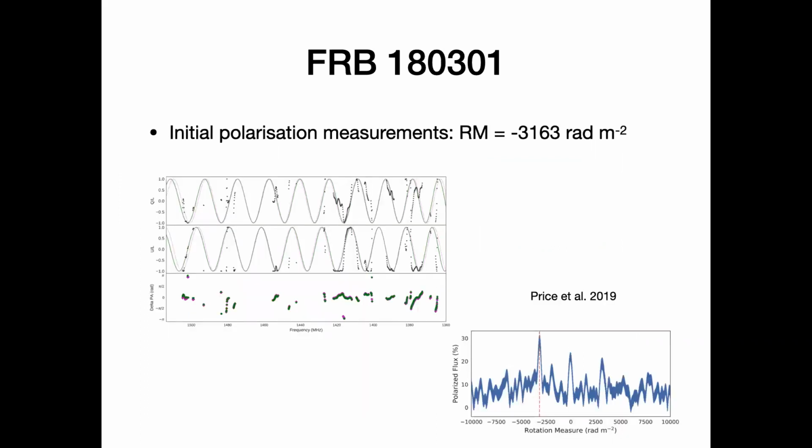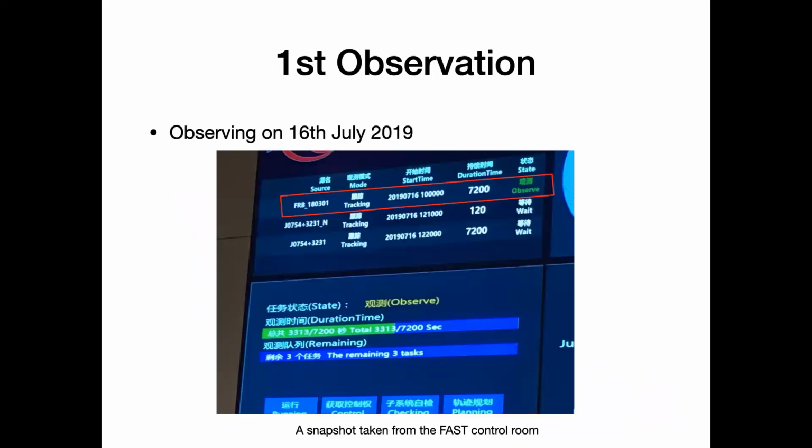The other reason is that the DM value is rather high, even though it's not comparable with FRB 121102, but with a high DM we may expect it's a repeater because it may be located in a dense plasma environment. After that, the first observation was performed on 16th July last year.